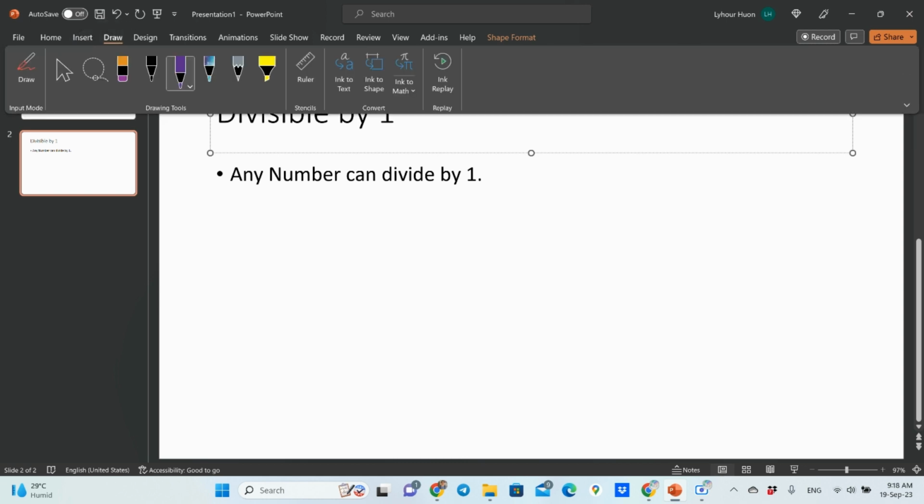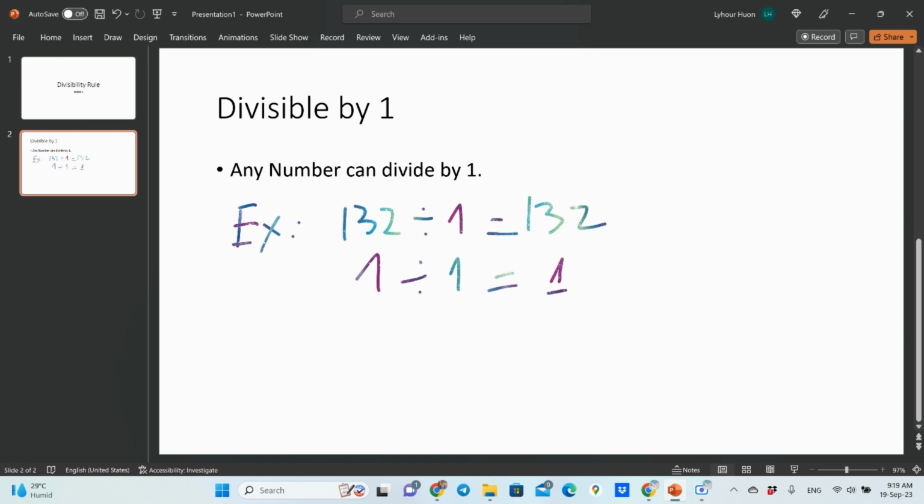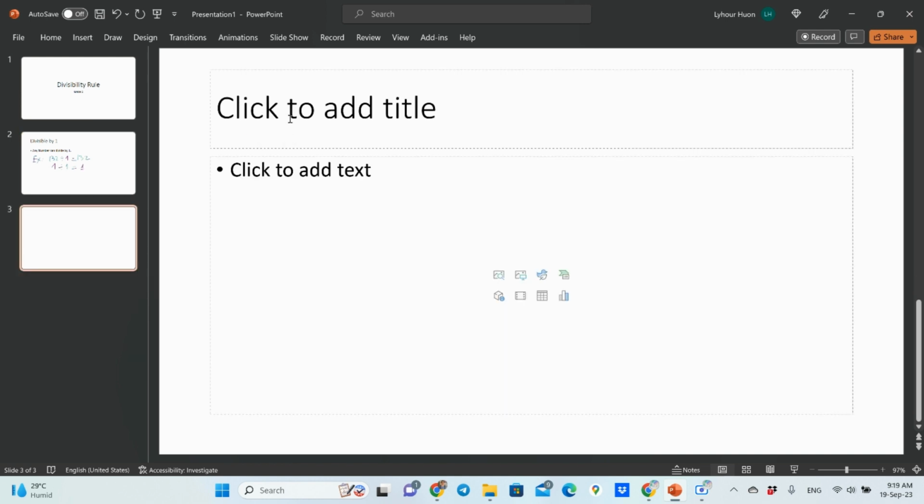Even 1 divided by 1 equals 1. So we don't need to go into detail or have a lot of examples.